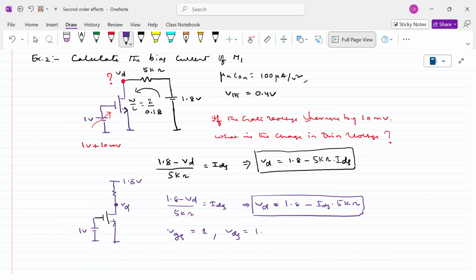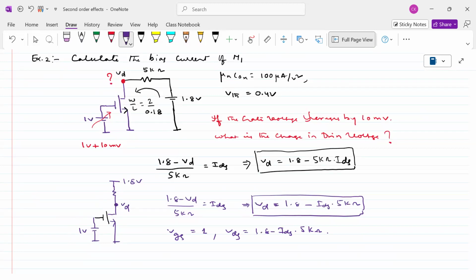It is nothing but 1.8 volts minus IDS times 5 kilo ohm, minus 0, since the source is at 0. That's the reason why it's 0. Now, can we say what is the region of operation of this transistor using these two equations?